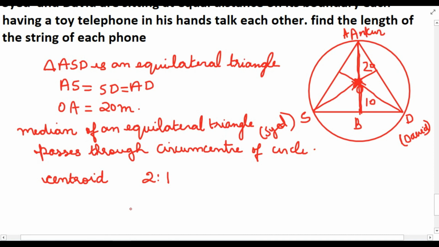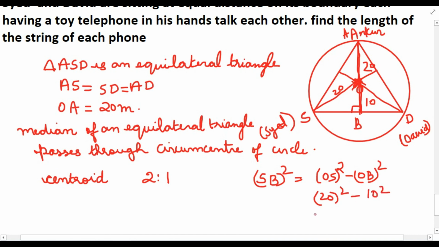Now consider triangle SOB, where OS is 20 and this angle is 90 degrees. Using the Pythagoras relation, SB squared is OS squared minus OB squared, which is 20 squared minus 10 squared, that is 400 minus 100, equal to 300.